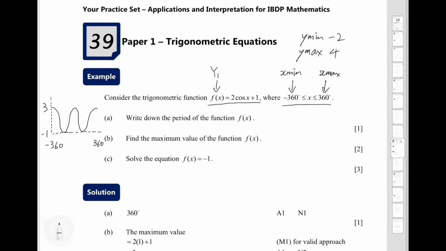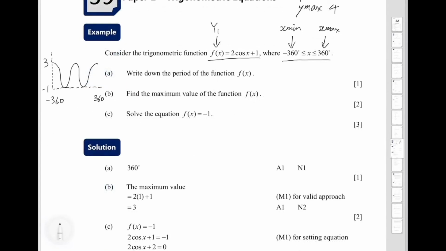So for part A, we are going to write down the period of the function f(x). From the sketch on the GDC, we can see that the graph repeats itself 2 times from -360 degrees to positive 360 degrees. If we observe the graph carefully, the horizontal distance from -360 degrees to positive 360 degrees is 720 degrees.